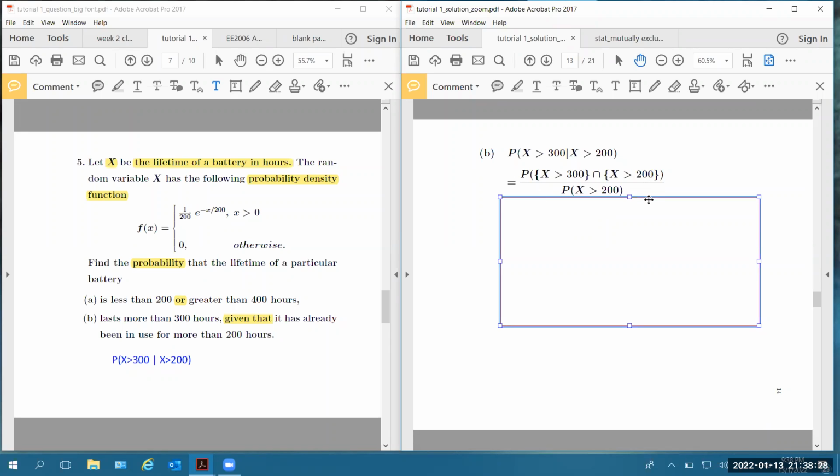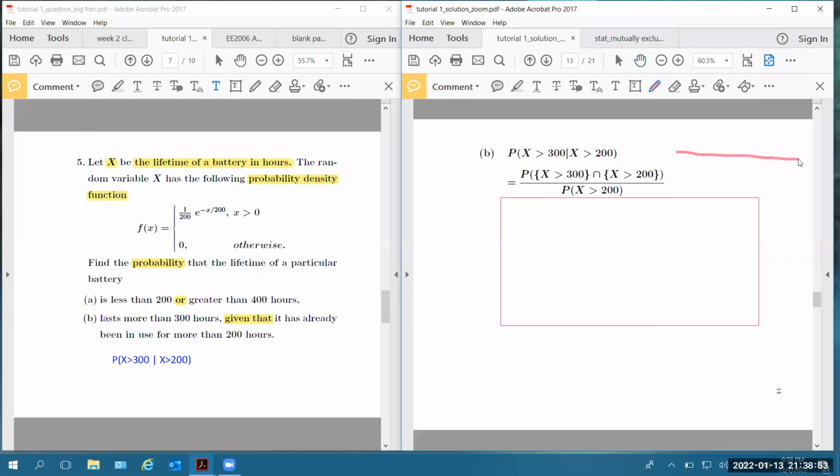How do you do this intersection? More than 300 intersect more than 200 becomes what? I think you're all a bit confused.